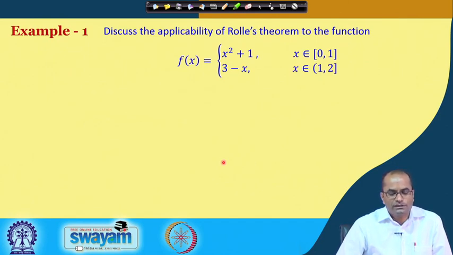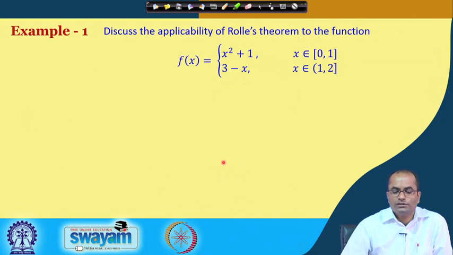Another example we will discuss now is the applicability of Rolle's theorem for this function: f x is equal to x square plus 1 in the closed interval 0 to 1, and 3 minus x in the interval 1 to 2.